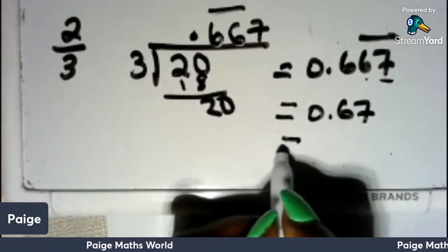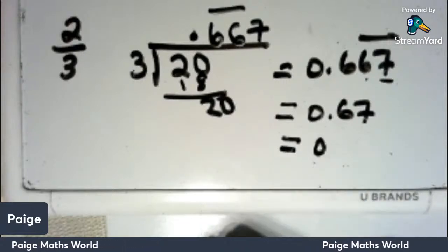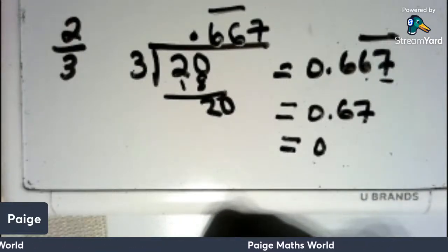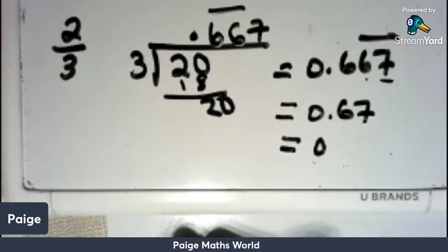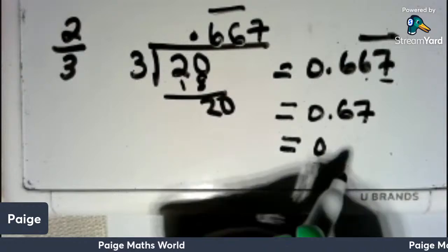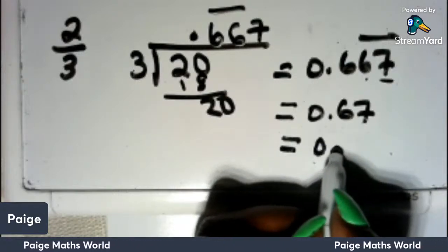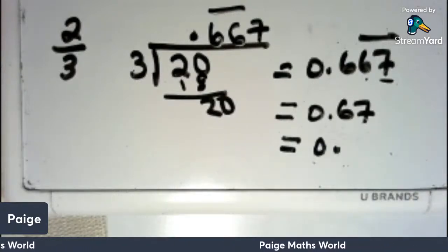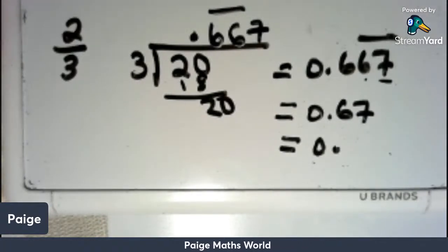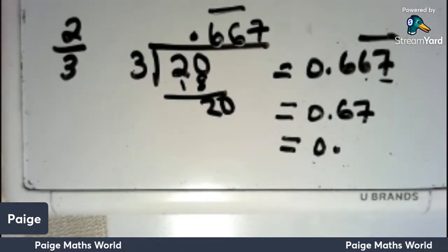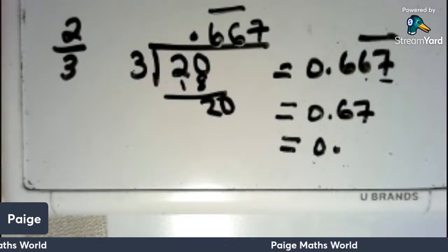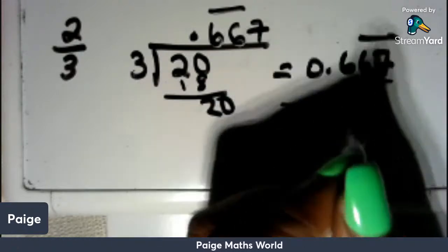What if it was 1 decimal place I wanted? What would it be? So you look to your right again. If it's greater than 5, you add 1. So what is this to 1 decimal place? Yes, Taryn.